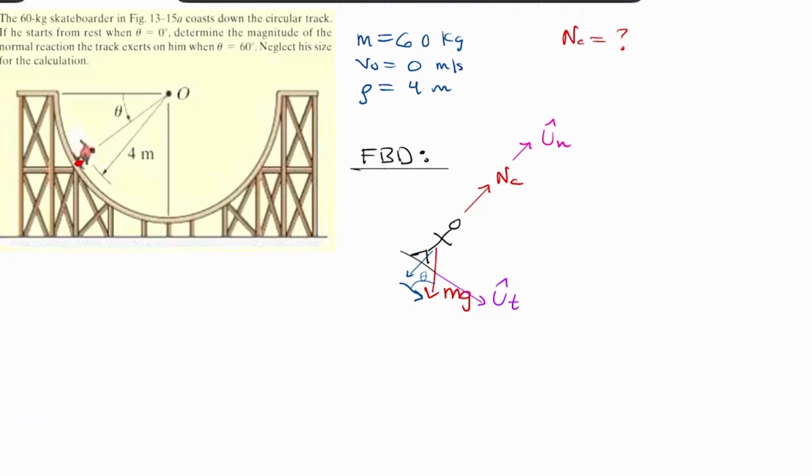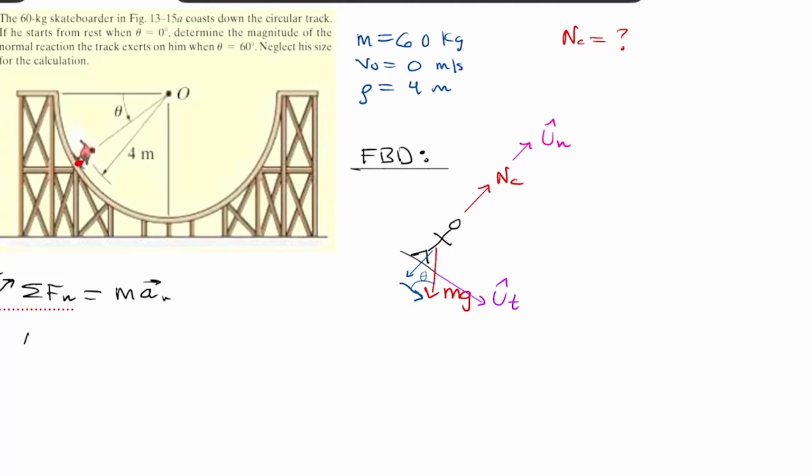With this, we can then write equations of motion. If we do the sum of forces in the normal direction, this is equal to mass times acceleration in the normal, where we say that direction is positive.